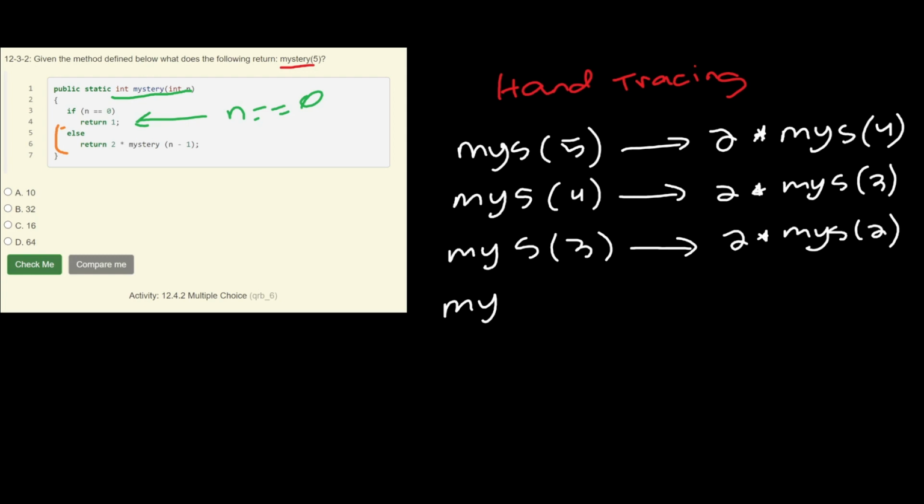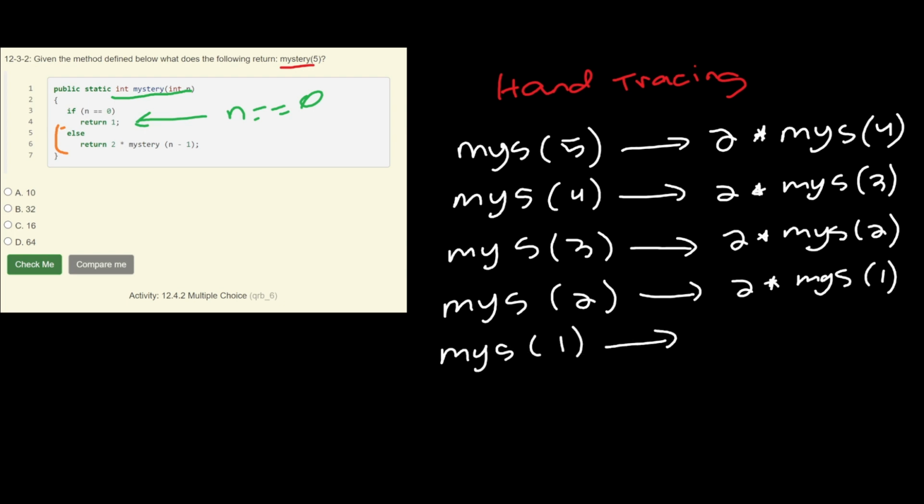Mystery 2 goes to 2 times mystery 1. So we haven't met our base case yet. So mystery 1 goes to 2 times mystery 0. Okay, n is equal to 0.